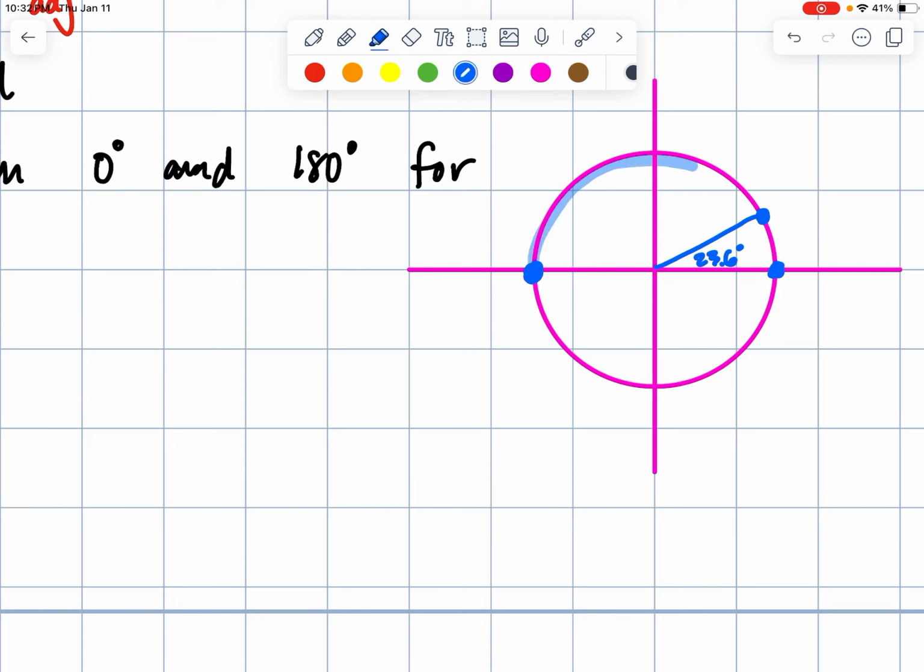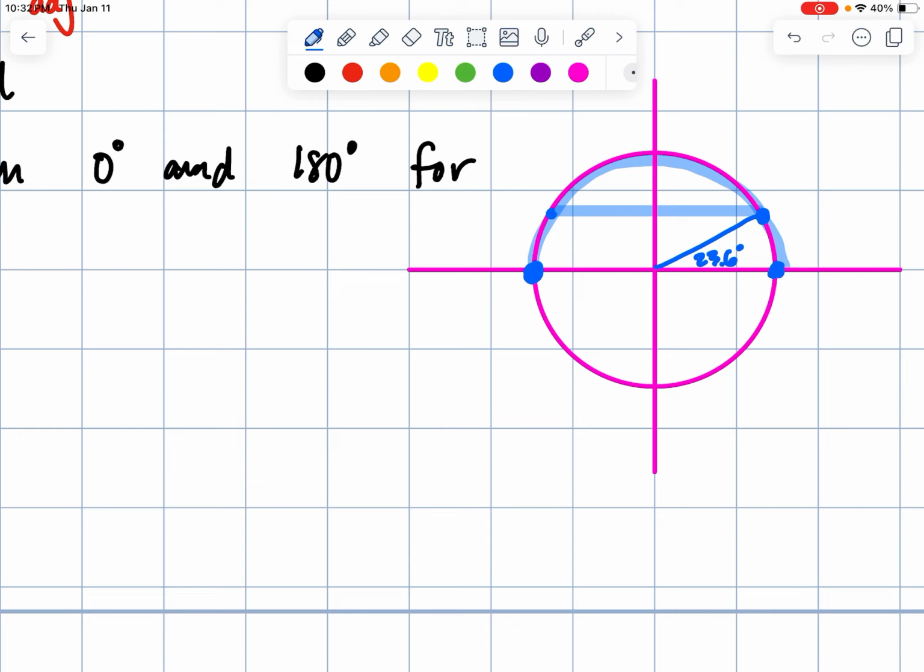Well, if you remember, anytime we had, for instance, like 30 degrees, the equivalent would be directly across. Same thing with 45, it would be directly across, and 60 would be the same thing. It would be horizontal, we would draw horizontal lines.